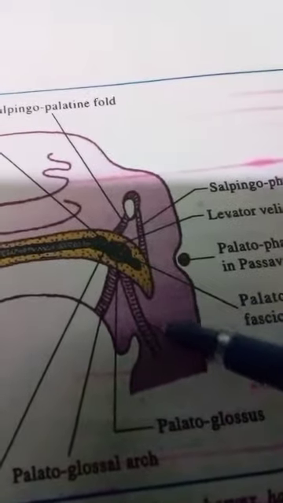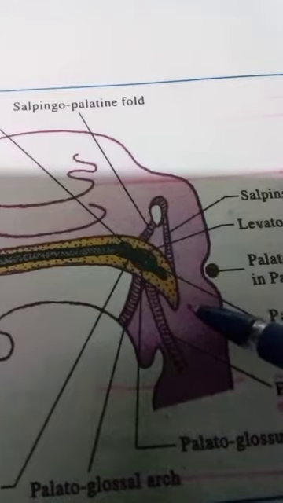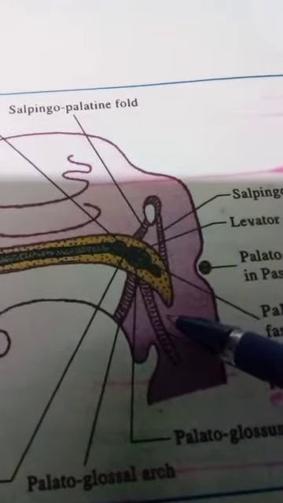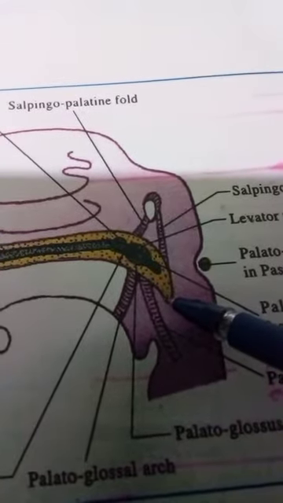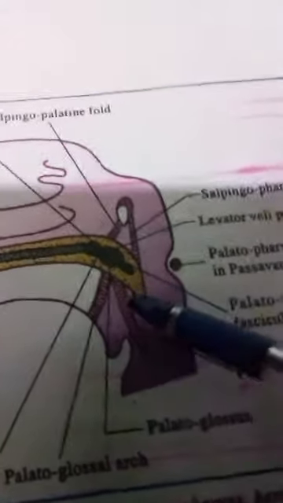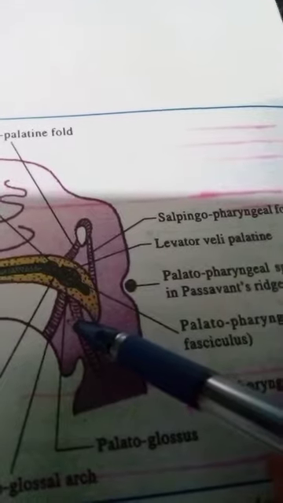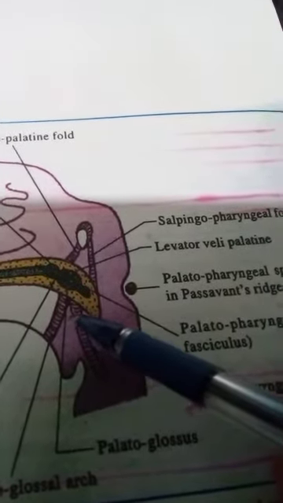This is the palatopharyngeal fold, which passes downwards and backwards to the wall of the pharynx. It contains palatopharyngeus muscle and forms the posterior boundary of the tonsillar fossa. So, this one is the tonsillar fossa, which houses the palatine tonsil.